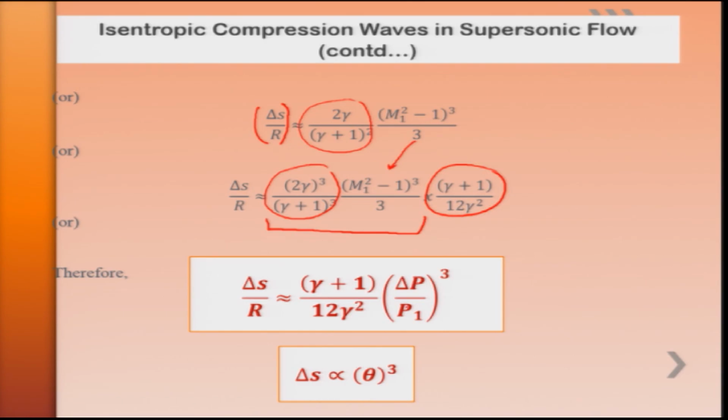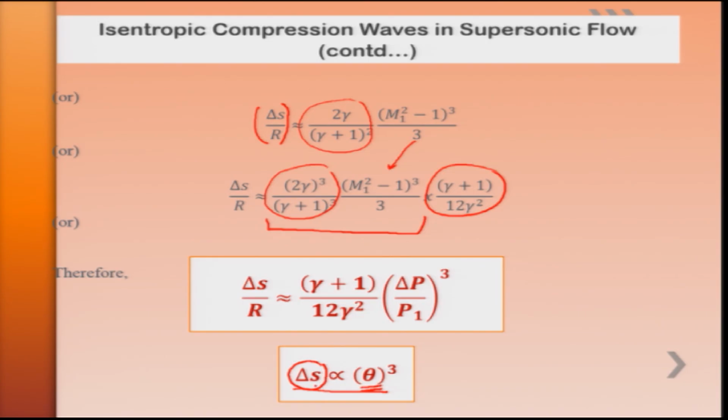What we can see here is that for a first order change in theta, the strength of the shock shows me that the entropy change for a finite pressure change of first order is giving me a third order change in deflection angle.